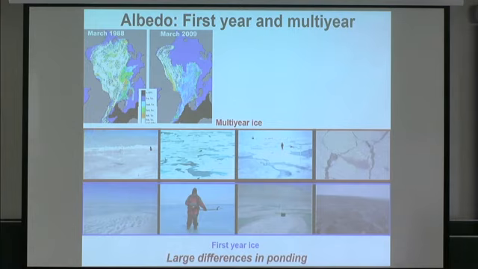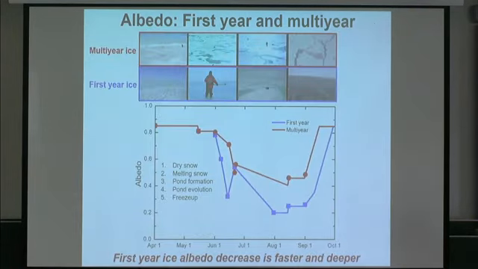And so does that matter from an albedo perspective? Well, looking at it, the evolution of multi-year ice and first-year ice does look a lot different, because there's a period when first-year ice is heavily ponded. It tends to be flatter, and so when ponds form, you get thin ponds covering the whole surface. Now, does this matter in terms of albedo? We can see here two evolutionary tracks based on observations, somewhat idealized.